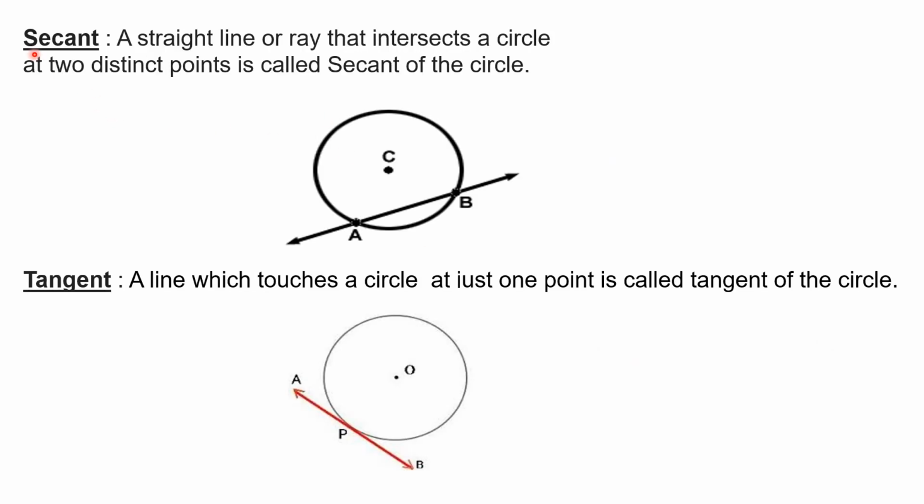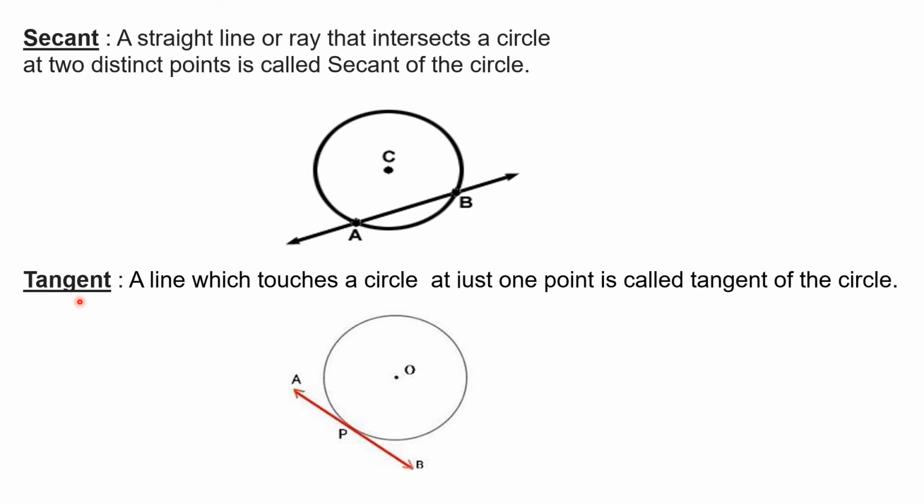Next point is secant. A straight line or a ray that intersects a circle at two distinct points is called a secant of the circle. In the given figure, C is the center of the circle and line AB is the secant of the circle. Then tangent.